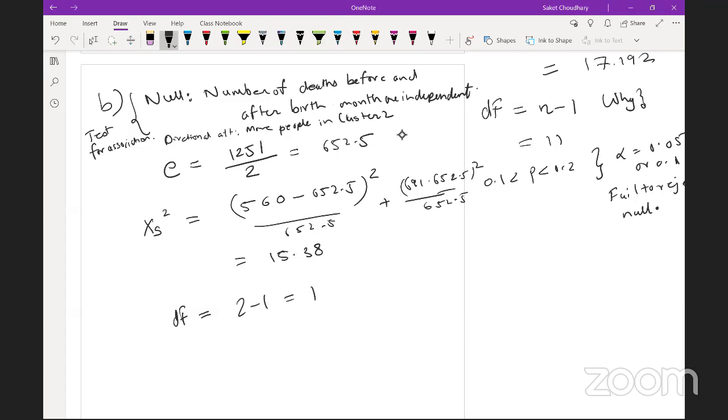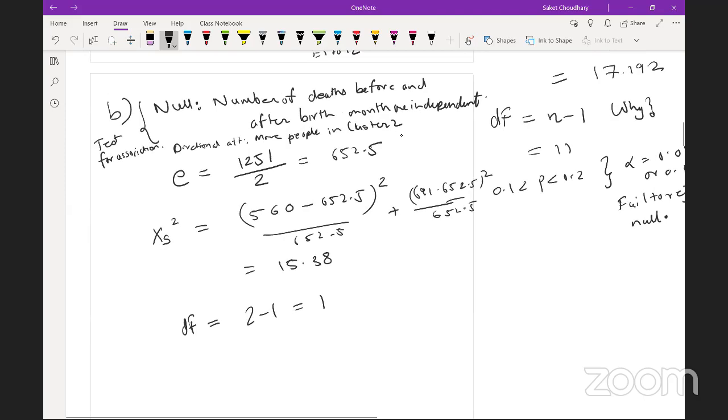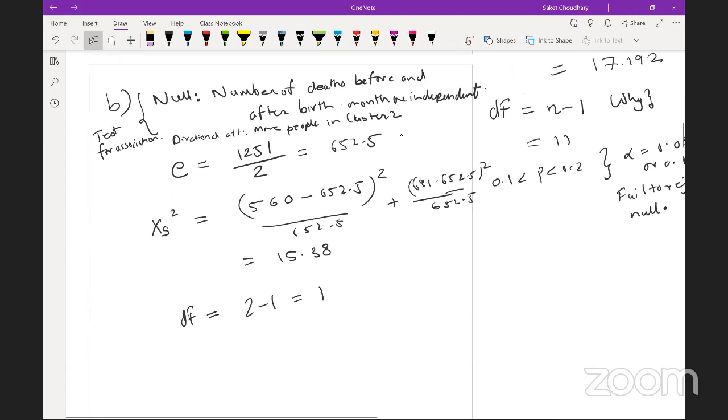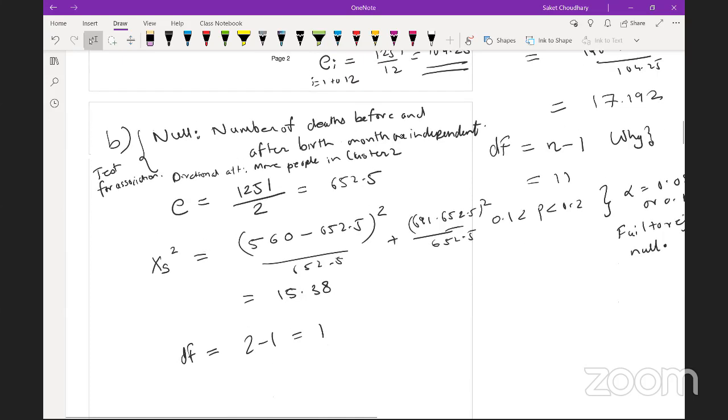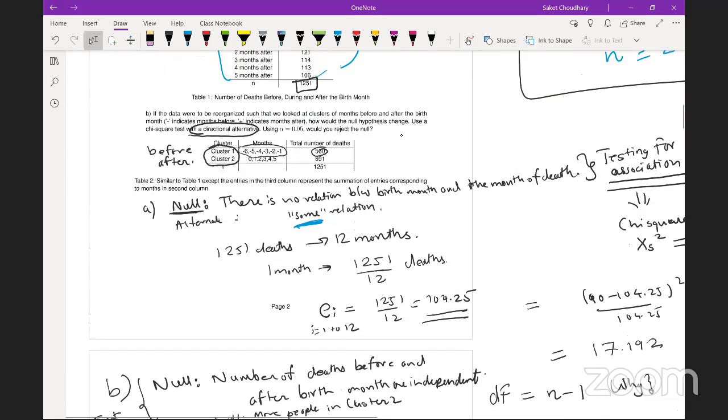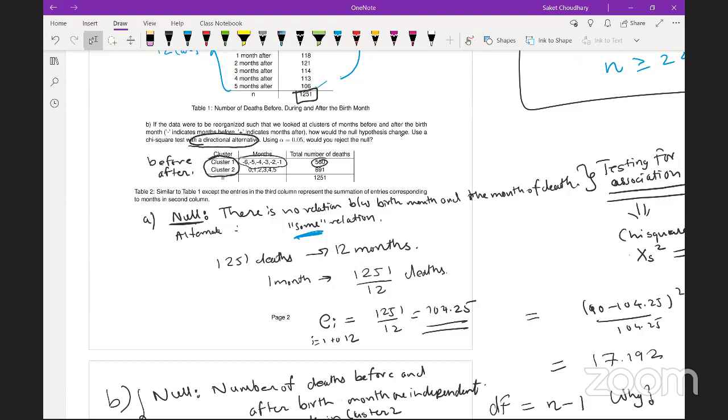So what is really happening here? What have we done in this entire process? The difference between what we were doing in A and B is looking at a completely different paradigm of the problem. In problem A, we were looking at whether there is any association between the birth month and the death month, which could be in any of these 12 categories.